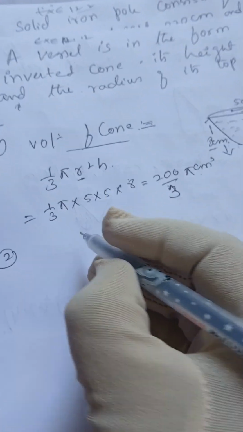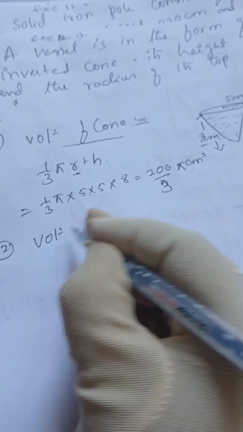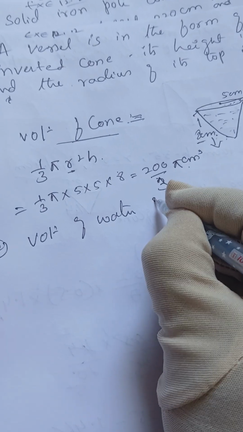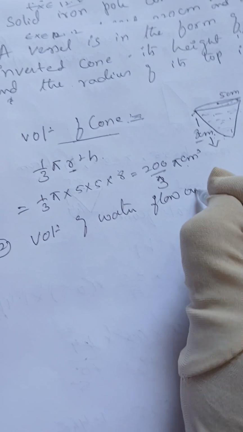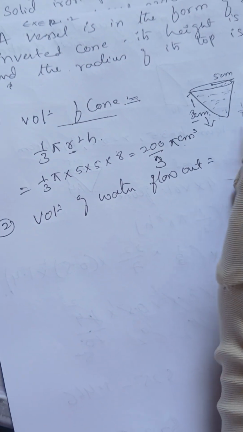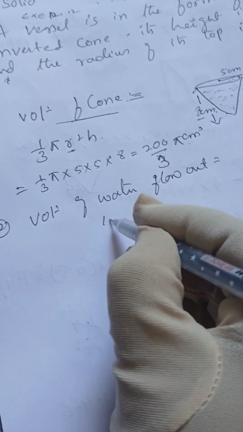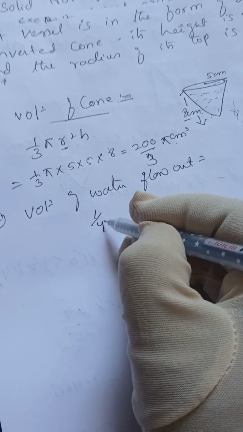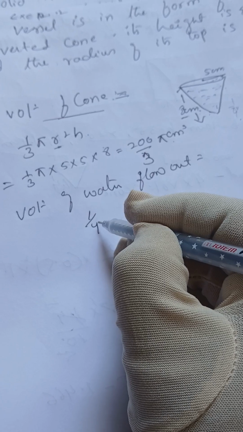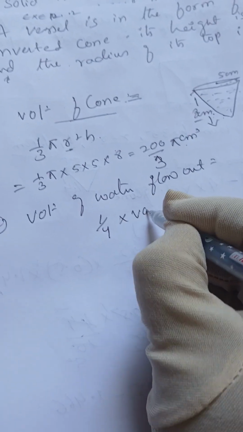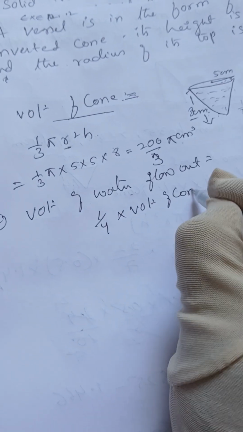The second thing we will calculate is the volume of water that flows out of the vessel after putting the lead shots. It is given that 1/4 of the water will flow out, so 1/4 of the volume of the cone flows out.